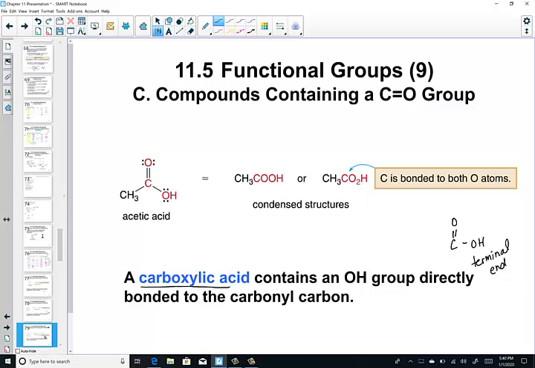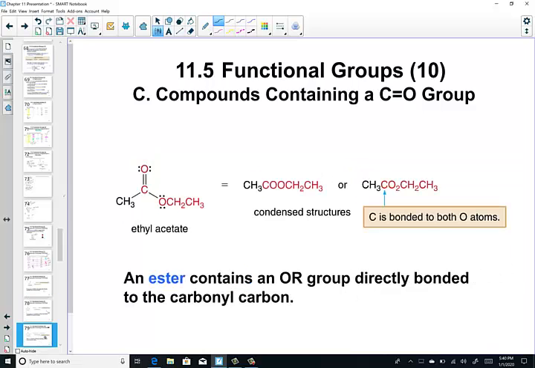If you see the carbonyl carbon attached within the group, we called it an ester. So notice this is the carbonyl carbon, the C double bond O, the carbonyl group. And now it's attached to an oxygen that's attached to more carbon. We call that an ester.